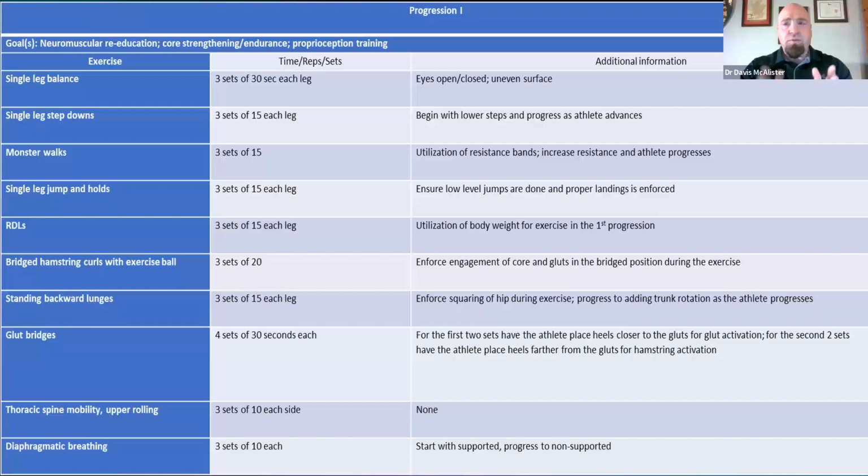And I mean, I've had people come through that, they had the injury 10, 15, 20 years ago, and they still have the same compensation. Nobody ever taught them that they needed to go back and correct those things. So this is an example of a tier 1 that I would do with somebody, and the dosage that I would give for that one.